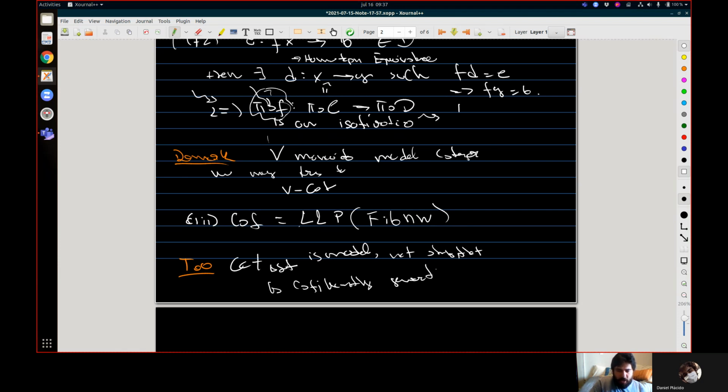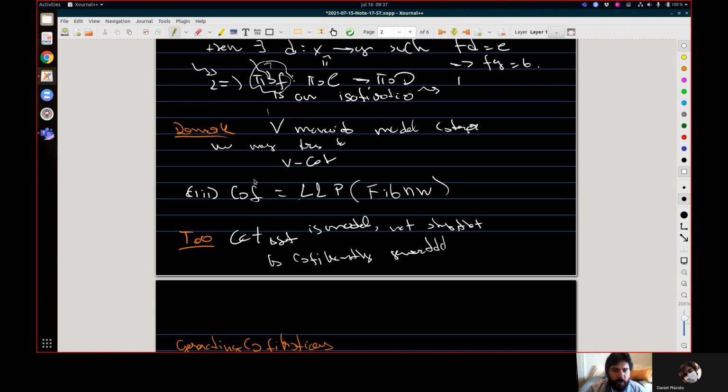I will not give a complete proof of this today, but I will talk about what the generating cofibrations are and some of the idea of the proof. And after that, I'll talk about the fibrant cofibrant objects and see that they are in fact the categories enriched over Kan complexes.